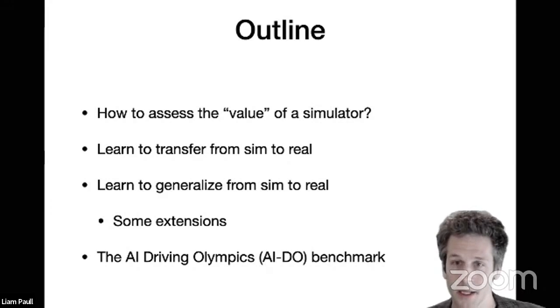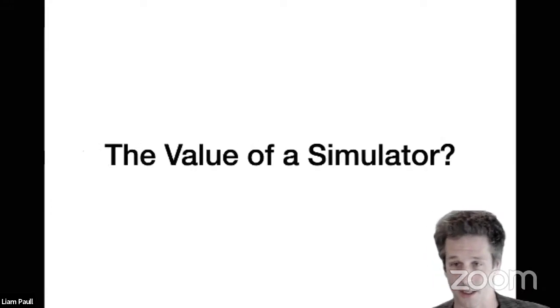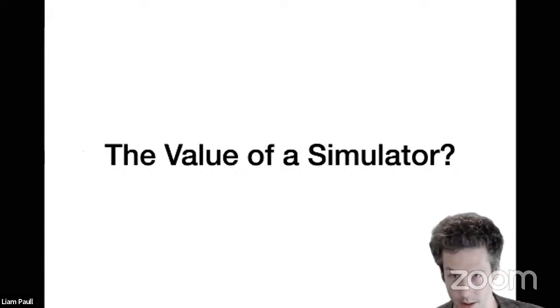Okay, so let's think about the value of a simulator. How can we actually put a number on the value of a simulator? Roboticists have had a very ambivalent relationship with simulators.